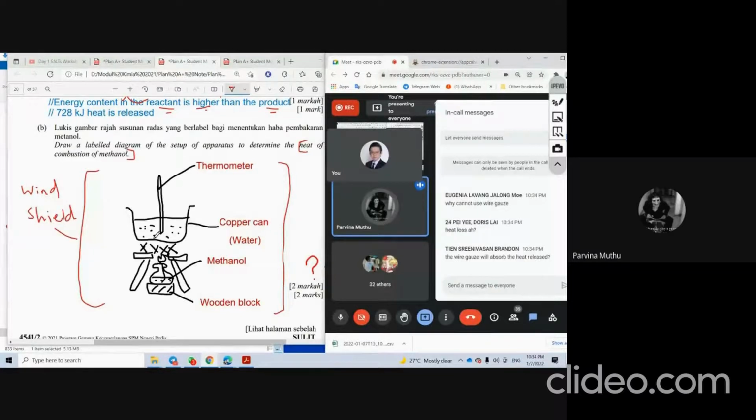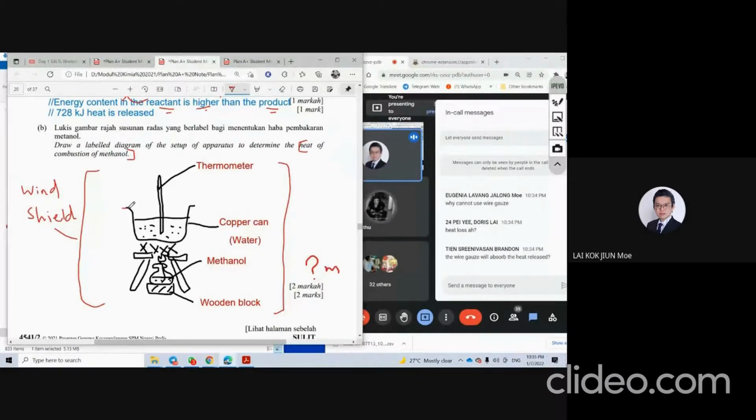So better use pipe clay. If you use wire gauze, the heat will transfer easily, like directly, so it will be more dangerous. Dangerous means it will cause cracking for the beaker. This one is not a beaker. This is a copper can.